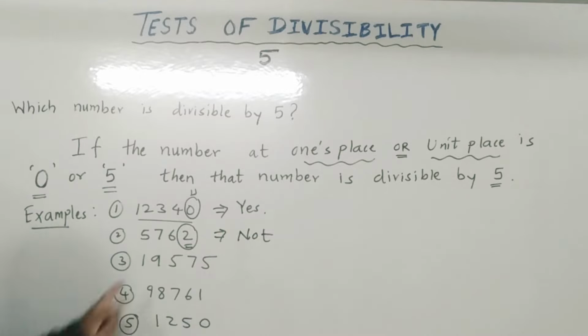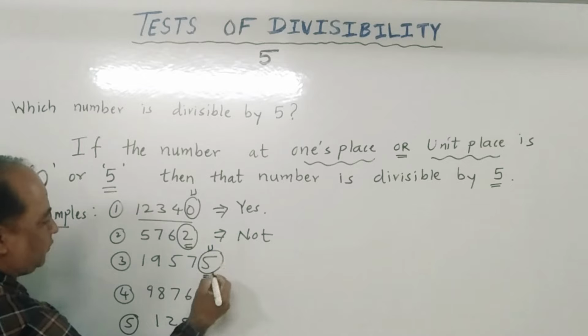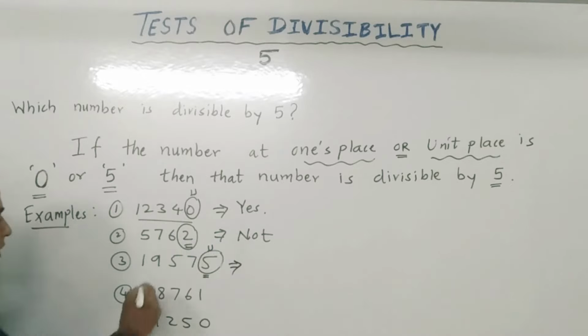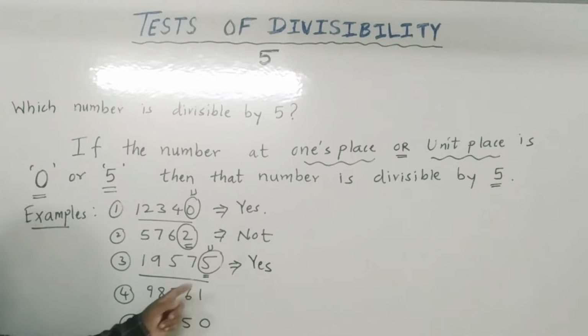Now third example, 19575. Here the digit at unit place, or the last digit of the number 19,575, is 5. So this number is divisible by 5. Here next, 98761.